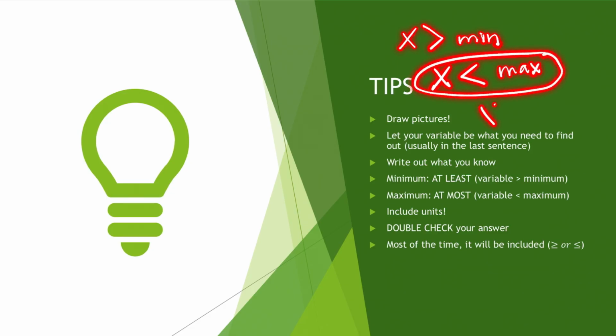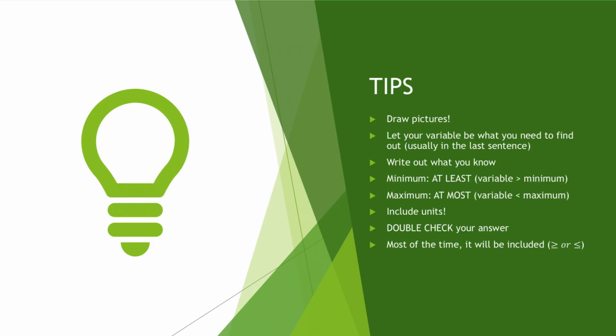You would be saying how much it costs has to be less than $1,000 because that's my maximum. But let's say I need to have a minimum of 4 sales. I would say any number above 4, because 4 is my minimum, would be how you would set up the inequality. So just be really careful about minimum versus maximum, and you'll see also at least or at most.